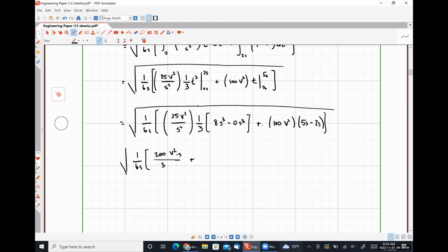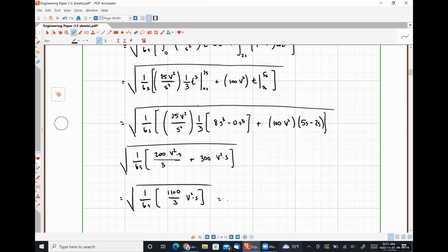And then I'm going to have 100 times 3, so 300 volt squared seconds, times 1/6 seconds. So let's see, 1100 over 3 volt squared per second. Excuse me, volt squared times seconds.